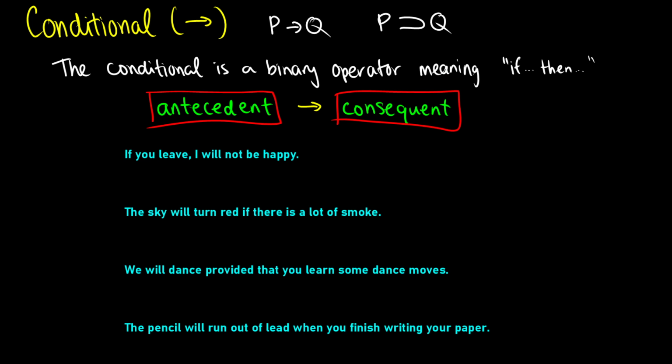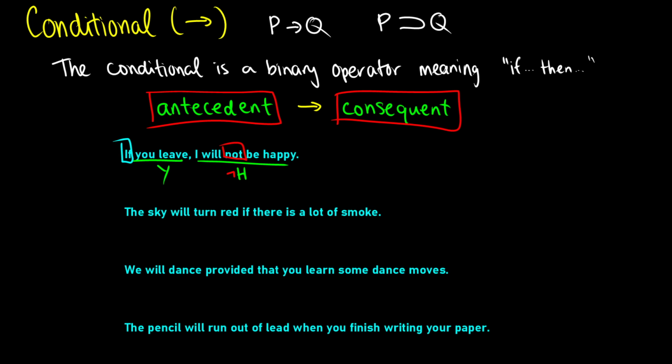So let's take a look at some examples. First one, if you leave, so call this Y, I will not be happy. So we'll pick H for happy, and we'll put the negation in front because of this word not. So the question is, which one comes first? Is it Y arrow not H, or is it not H arrow Y? Well, the if is out front here.